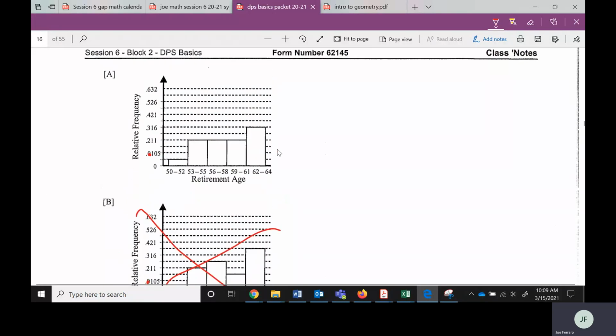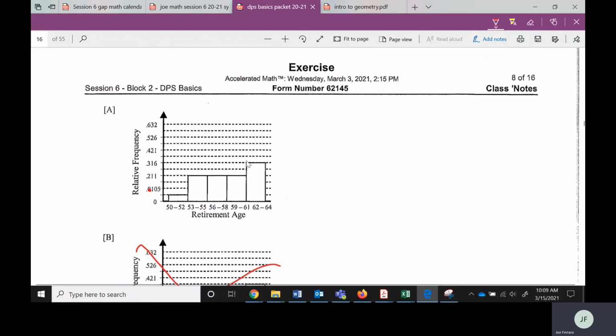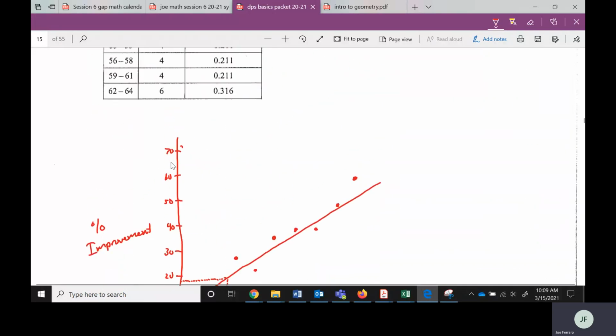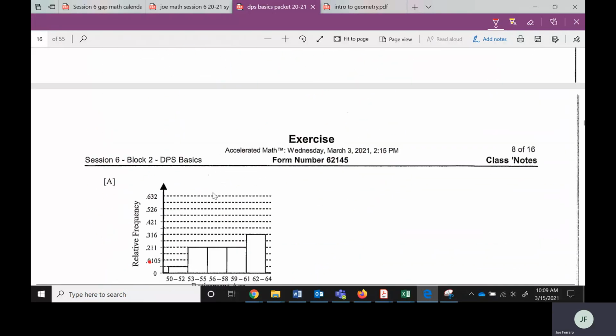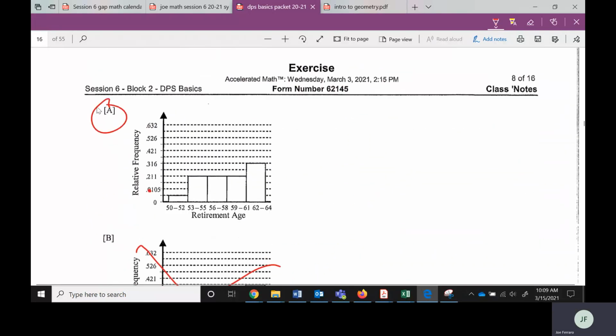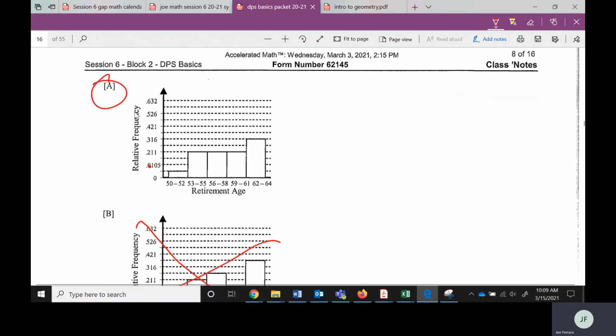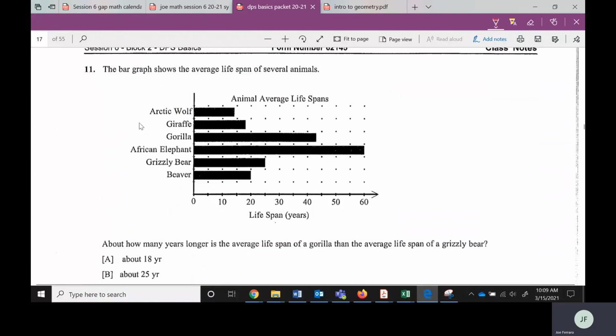So now we just need to confirm this last part. 62 to 64 should be at 0.316. 0.316. That is correct. Okay. All right. So let's go. Next page.